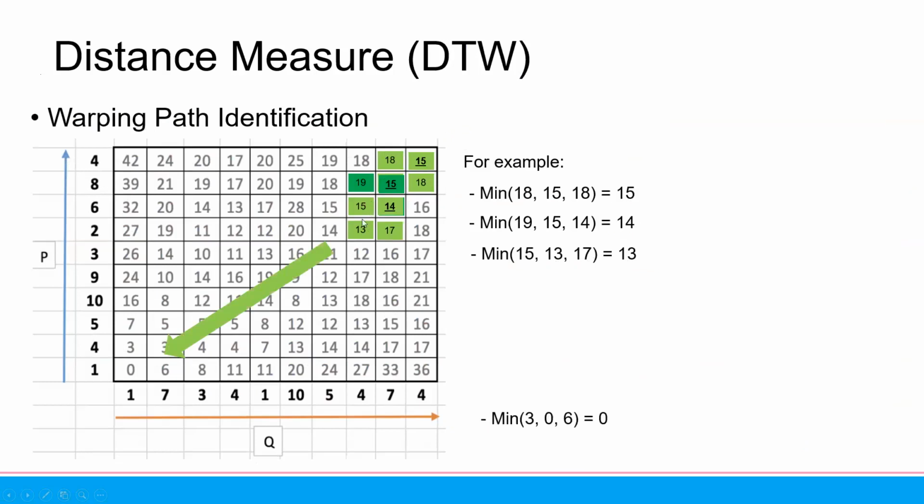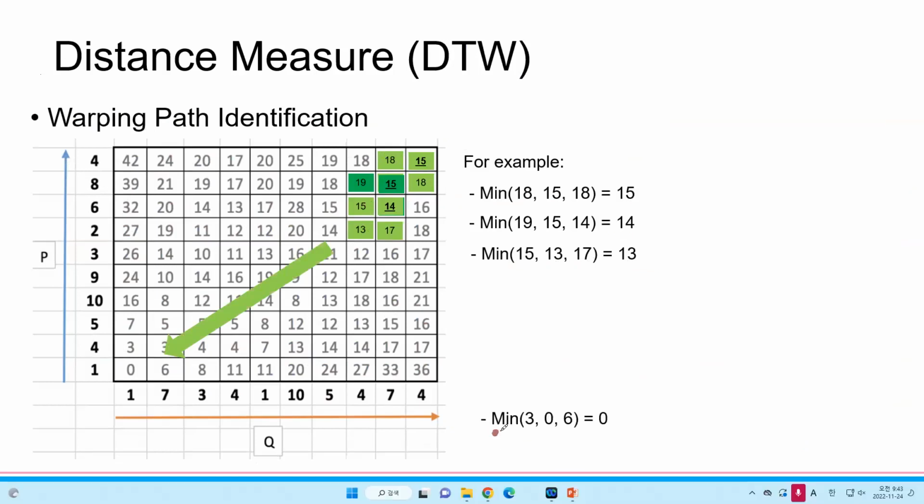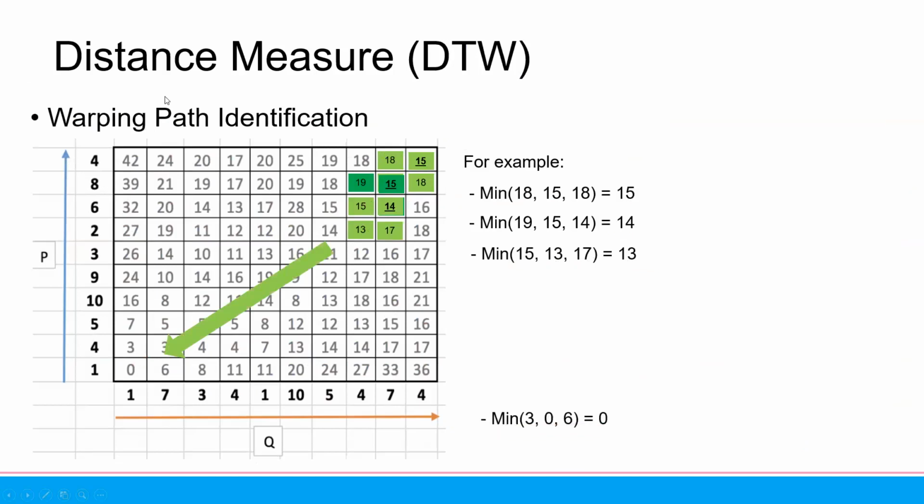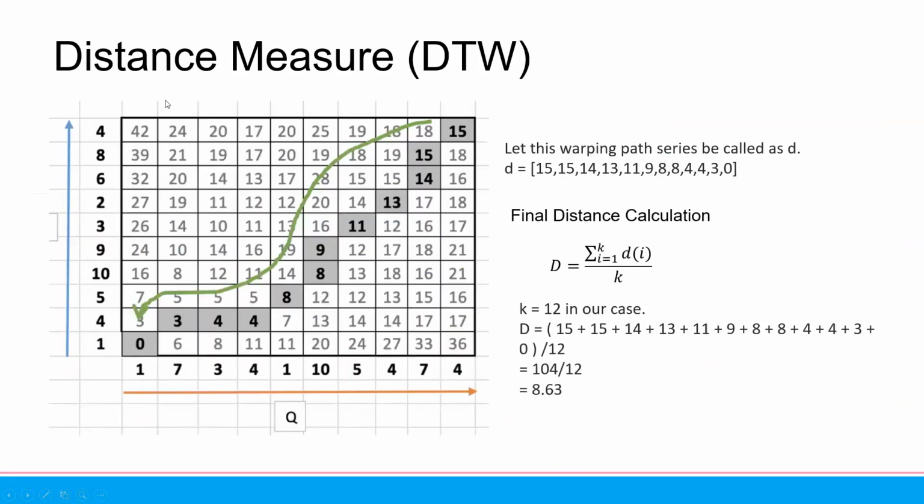Then we will have a value until the last one, which is the minimum, 0, which is the left part. So this is the final warping path identification.